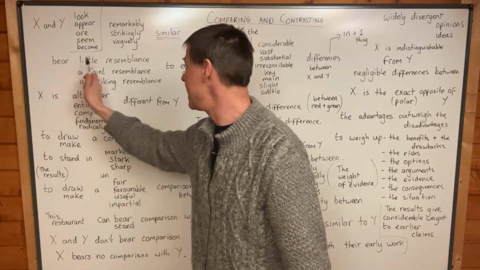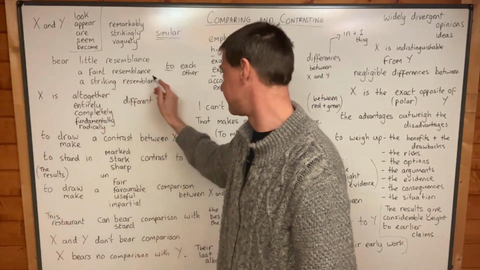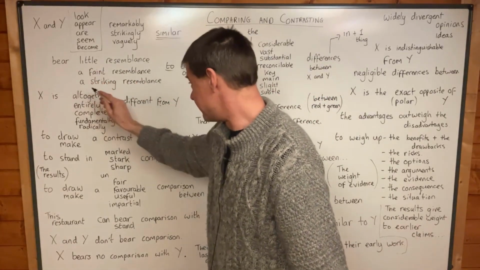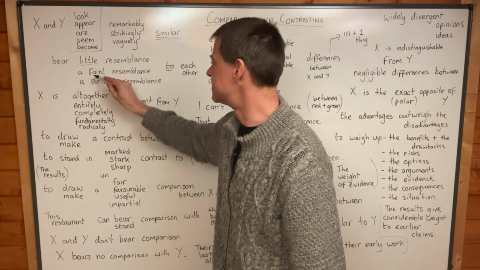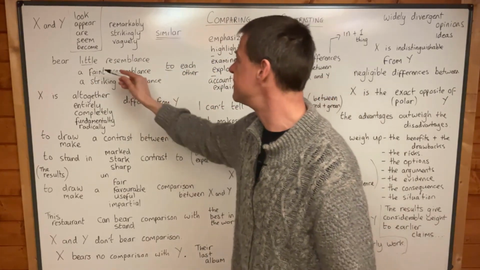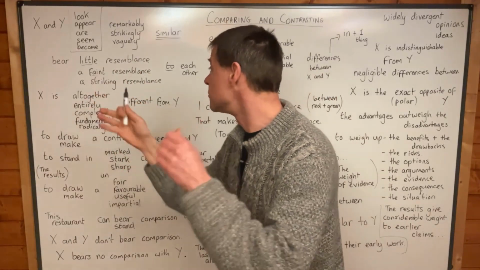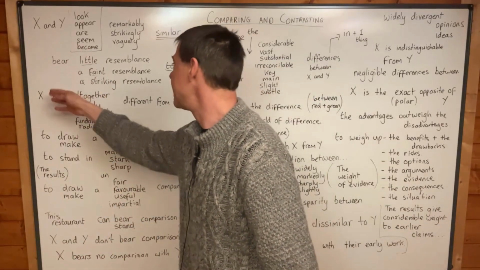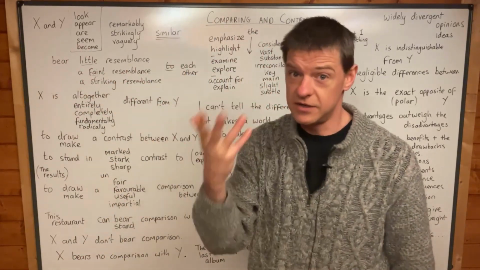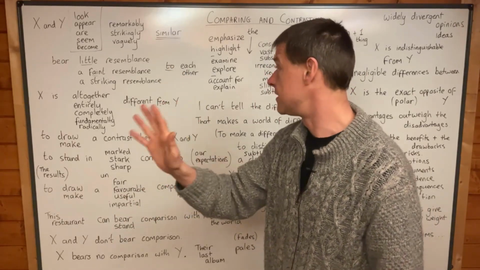Okay, we also have bear little resemblance to something, bear a faint resemblance to something, bear a striking resemblance to something. A little resemblance and a faint resemblance mean a little bit similar. So if your uncle bears a faint resemblance to you, that means he looks a little bit like you, but not very much like you.